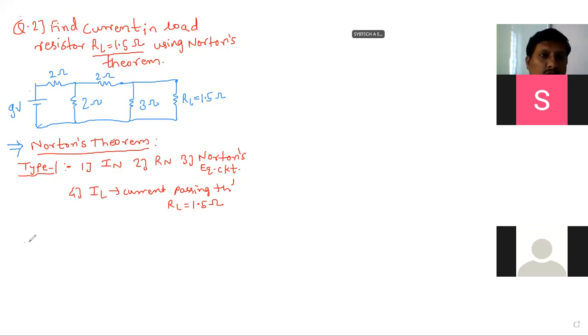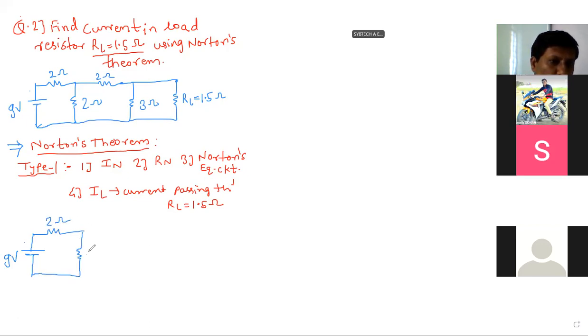First step is to identify the two terminals. Where should they be, and how do we identify them? Remove the 1.5 ohm load resistor, which acts as the load. This is 3 ohm, so make it open.